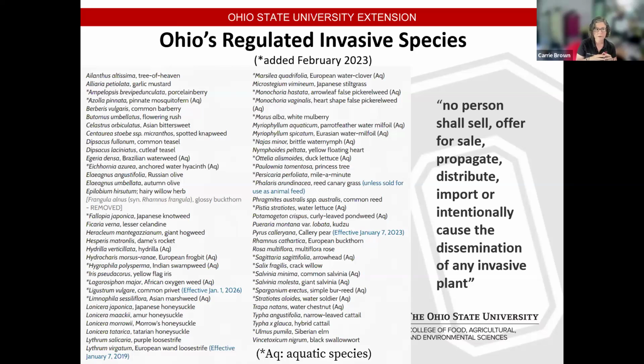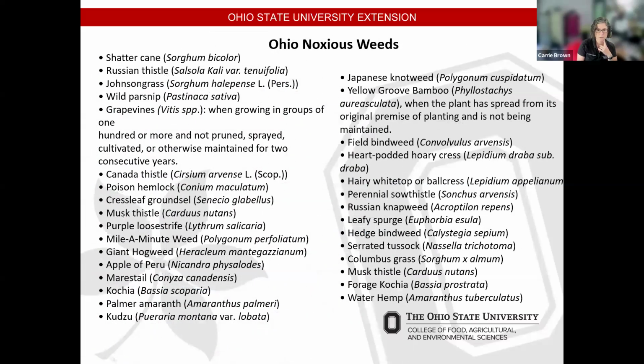The Revised Code states that no person shall sell, offer for sale, propagate, distribute, import, or intentionally cause the dissemination of any invasive plant. So for these 63 species, selling, planting, and distributing is against the law within the state of Ohio.